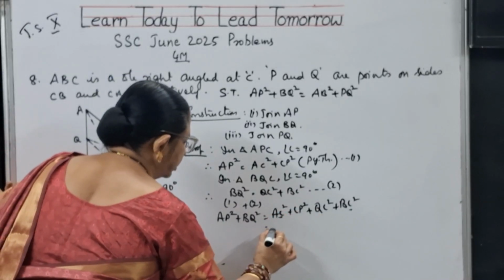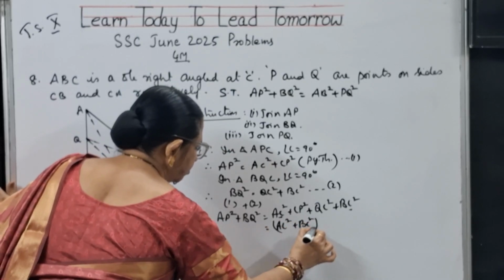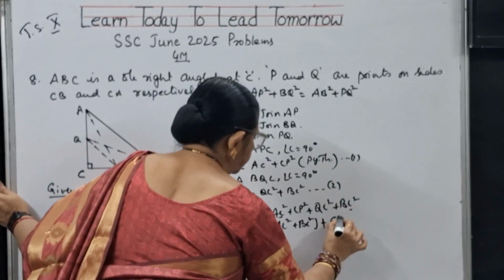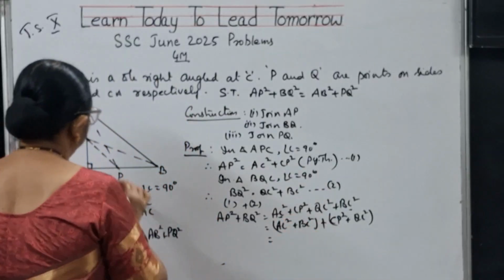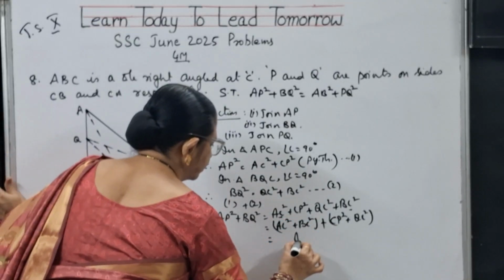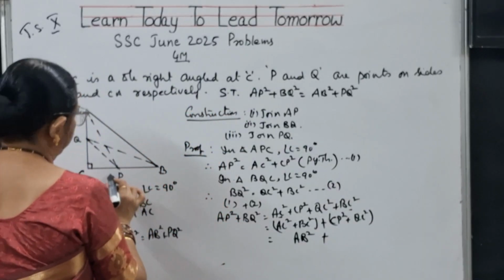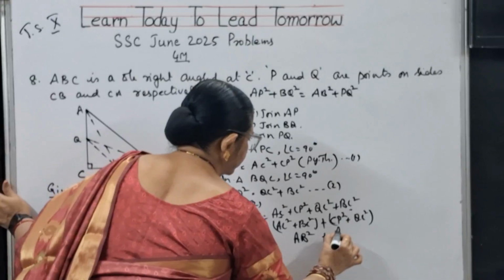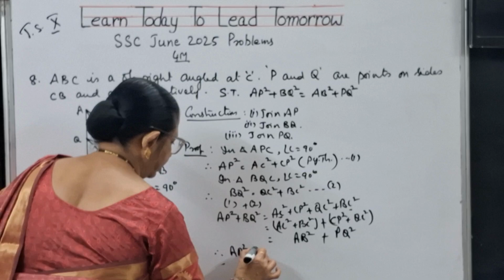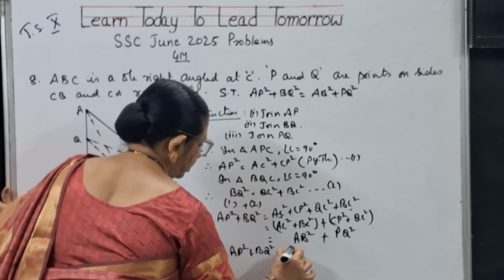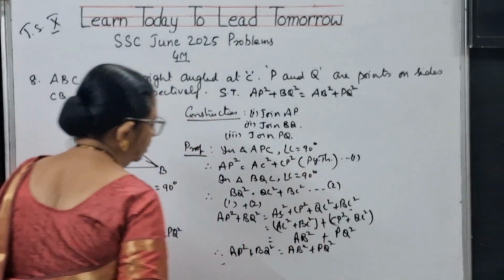Let us regroup it: AC square plus BC square is AB square, and CP square plus QC square is PQ square. Therefore, AP square plus BQ square is equal to AB square plus PQ square. This is the proof, children.